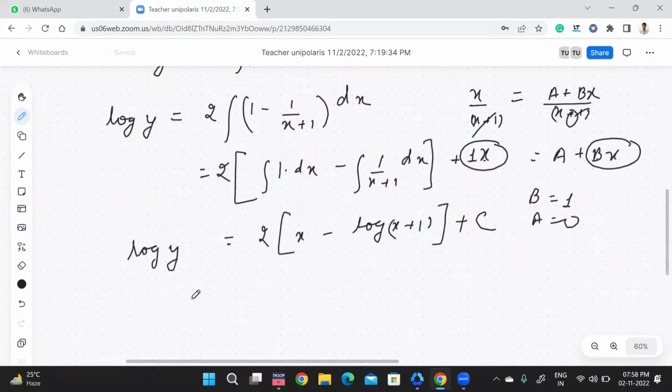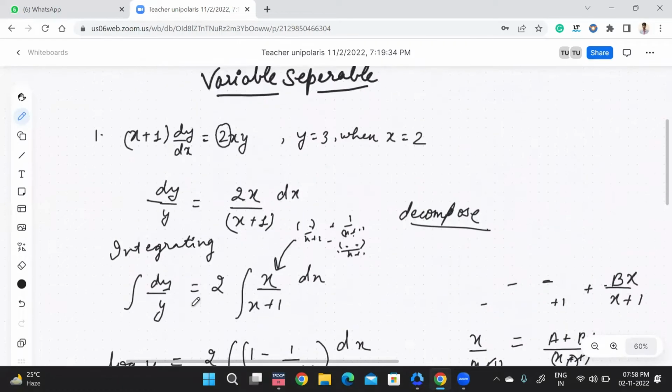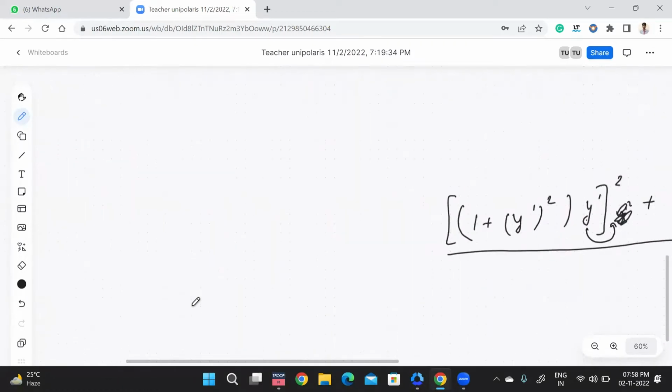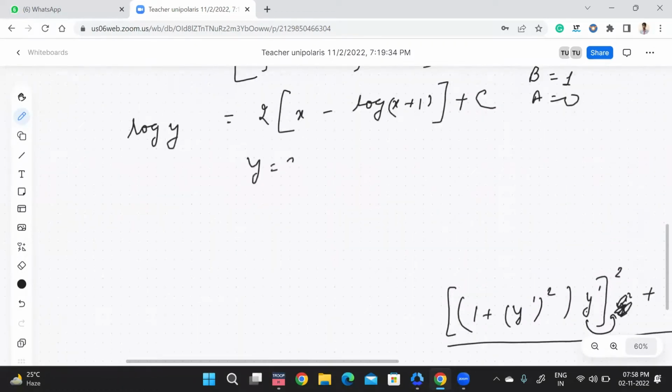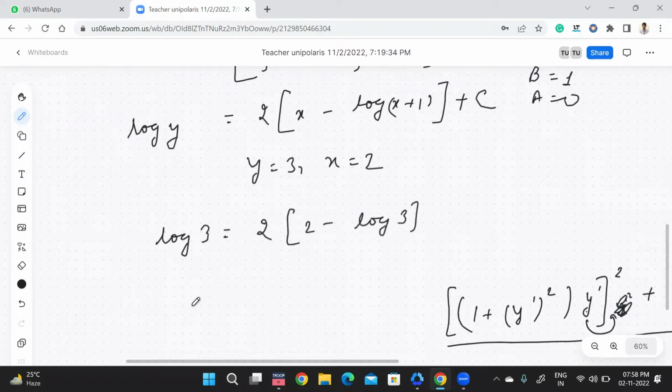Now we are given a condition also that y is 3 when x is 2. So let's put these values. We get log 3 equals 2 times 2 minus log 3 plus c. Let's solve it further.